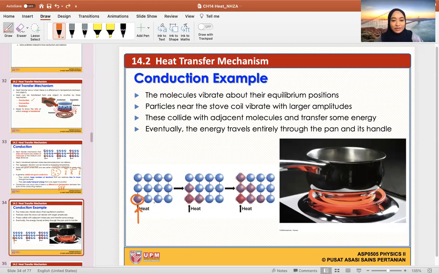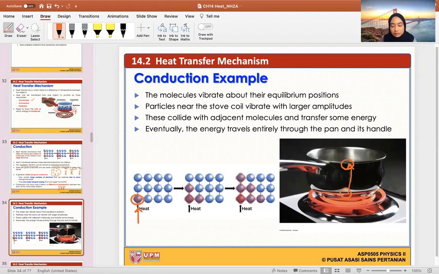Okay, so anggaplah kat sini adalah one particle of molecule yang dipanaskan oleh stove. Atas ni dia tak panas, right? Macam mana particle ni nak transfer to this guy so that everyone becomes hot dan boleh panaskan makanan dalam pot.